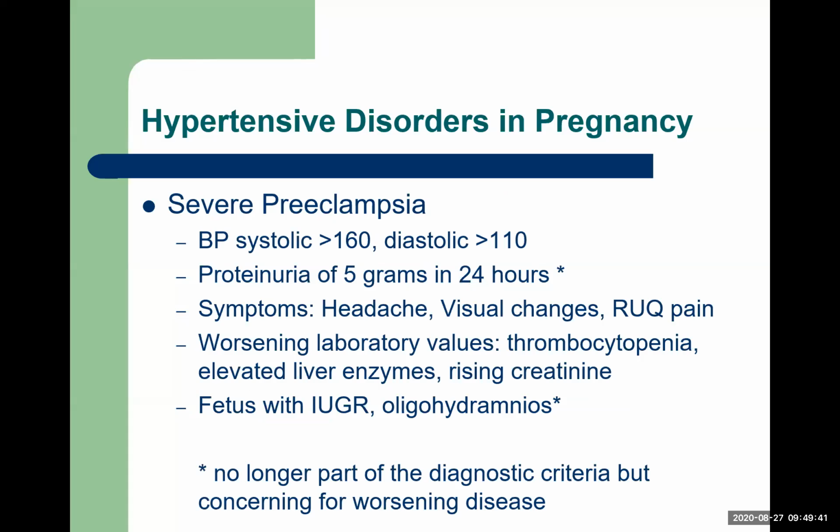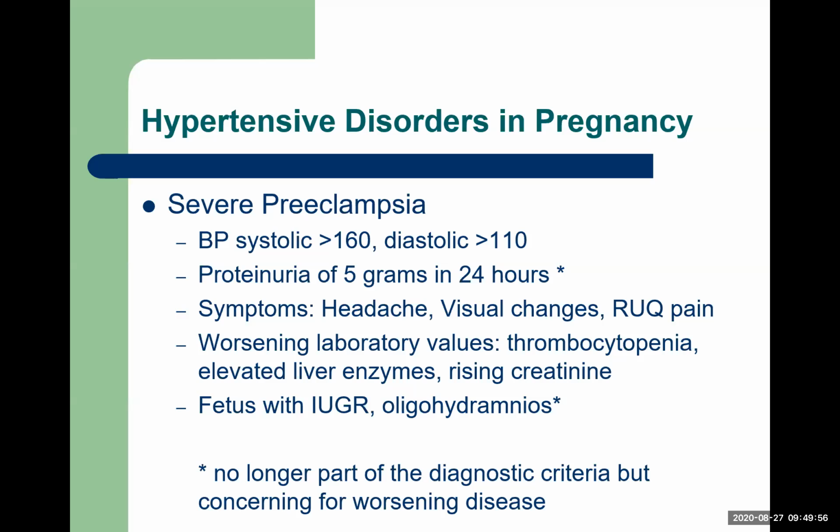Now, for patients with severe preeclampsia, their blood pressure criteria include a systolic blood pressure of greater than 160 or a diastolic of greater than 110.